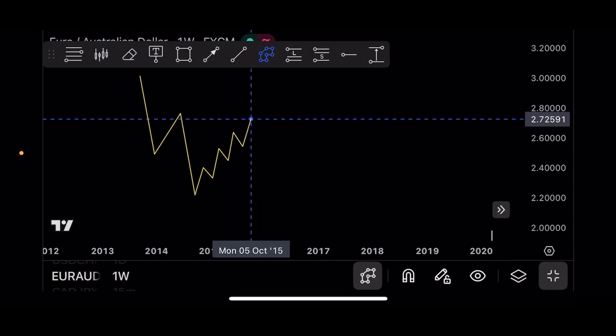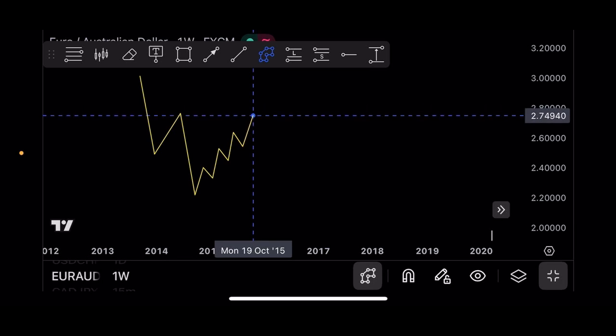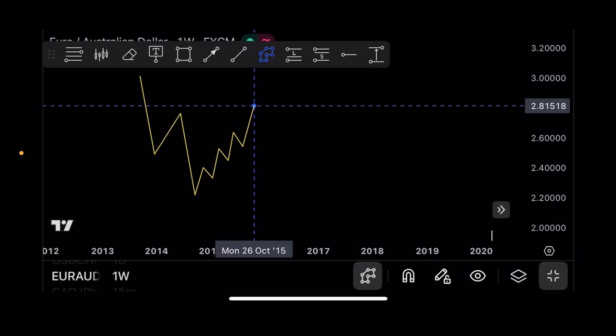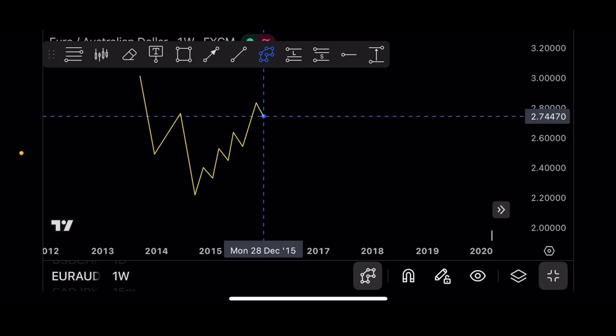Now here is the fake out that I'm talking about. It will take it out, and also those that trade break and retest. Once the markets take this out, they'll want the market to then retrace back like this and then start buying, right?